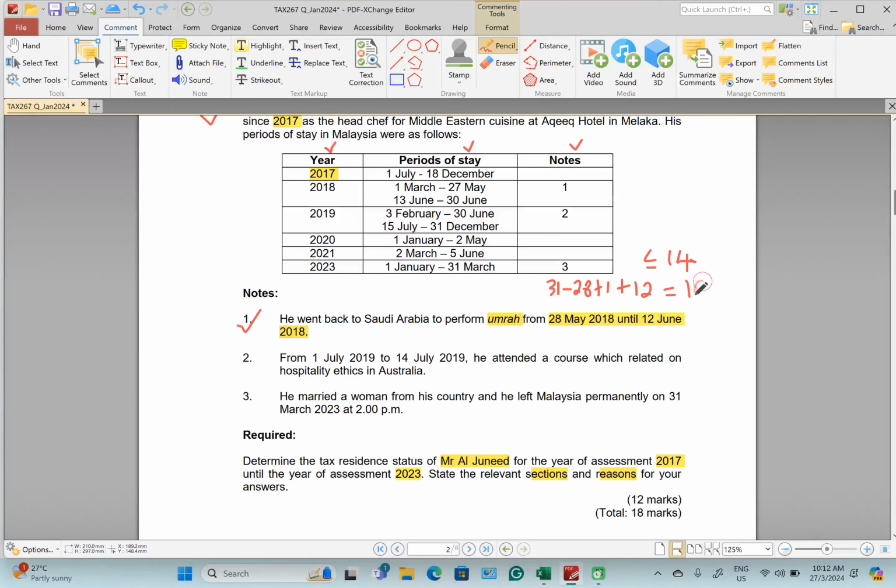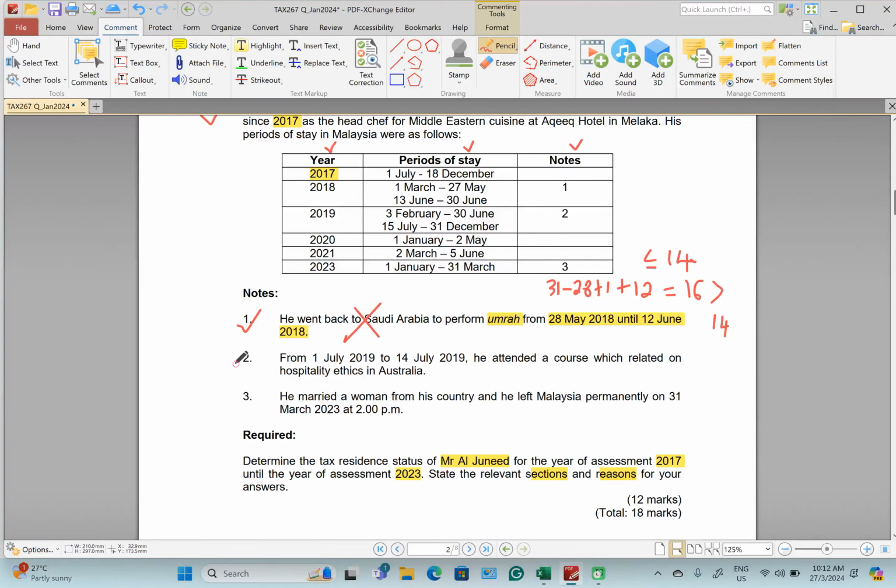So 16 days already exceeded 14 days. What happened to note number 1? Note number 1 is confirmed not TA, but he was absent from Malaysia, so do not record this period in your answer.